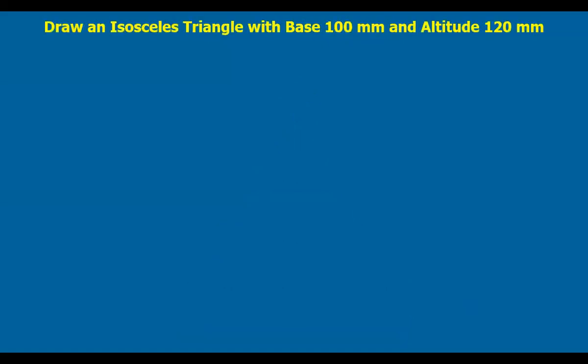Next, let us see an isosceles triangle with base 100 mm and altitude given. Let us see how to draw this. Draw a line of the required length AC, which is the actual length, 100 mm base. Mark 100 mm here.